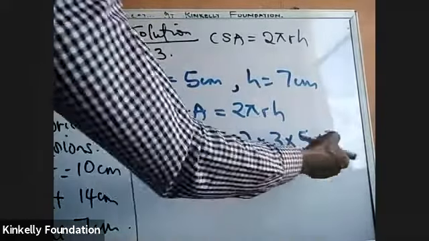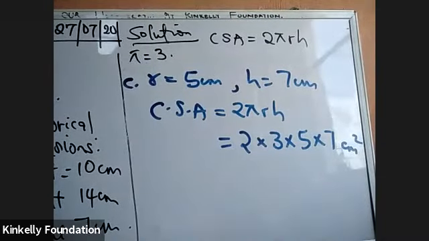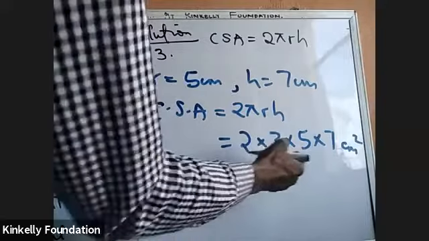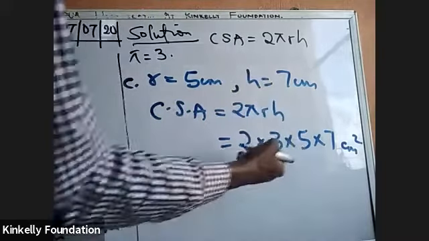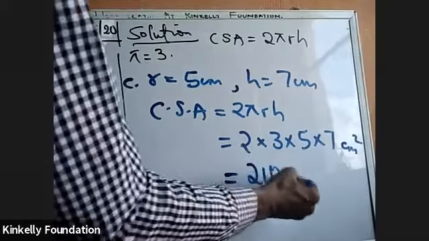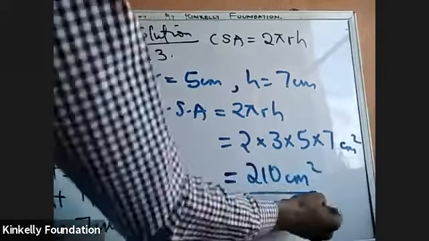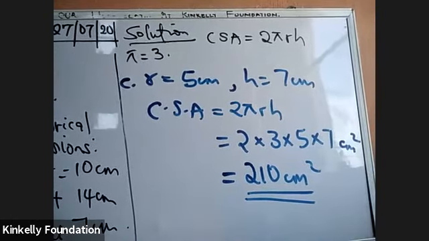Cm here times cm here, cm squared. So this is 10 times 21, 210 cm squared. That's the answer to the third question.